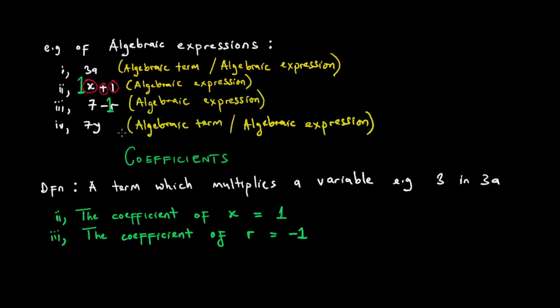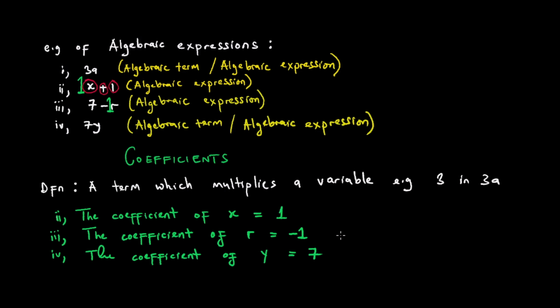That's important to note. And I think it's quite obvious that in number 4 the coefficient of y is equal to 7. I think it's quite obvious in that order. So this is what we have, dear people.